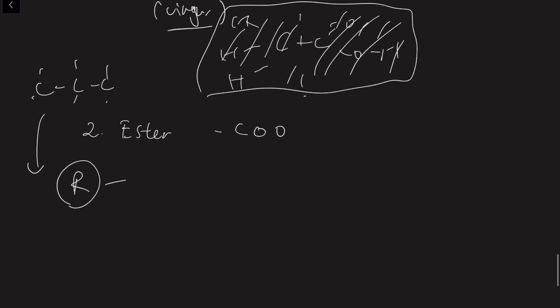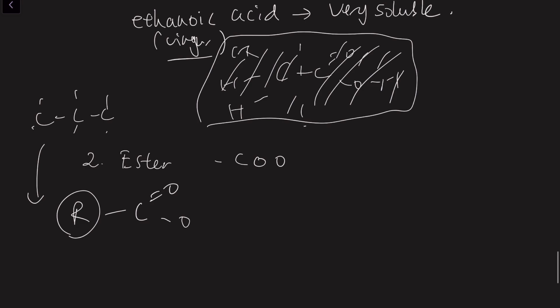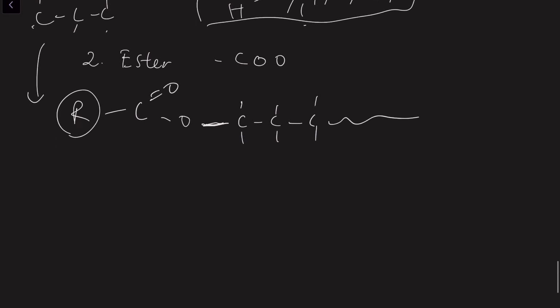And then you have a carbon attached to oxygen, then attached to another oxygen. But it differs from acid because the other oxygen is not connected to hydrogen anymore. It's connected to another carbon chain. So this is what ester looks like in general.